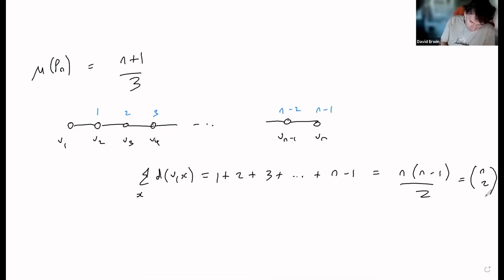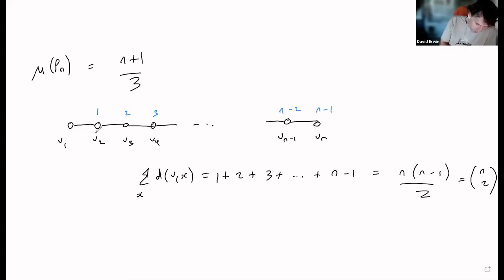Okay, so that gives us the sum of all the distances from v1 to everything else. How do we do the rest? Well, exactly the same. We now move to v2, and we just add up the distances from v2 to all the things on the right hand side of it. The reason we do that, of course, is because you don't want to count a distance we've already counted before.